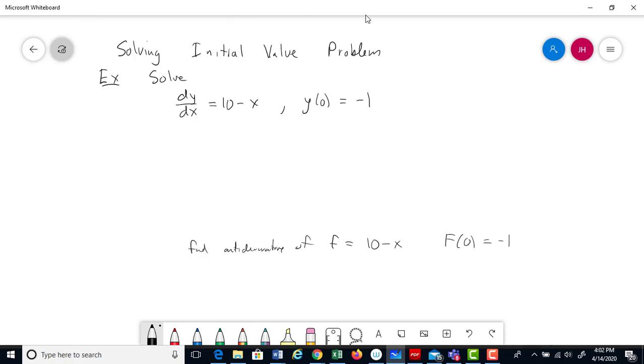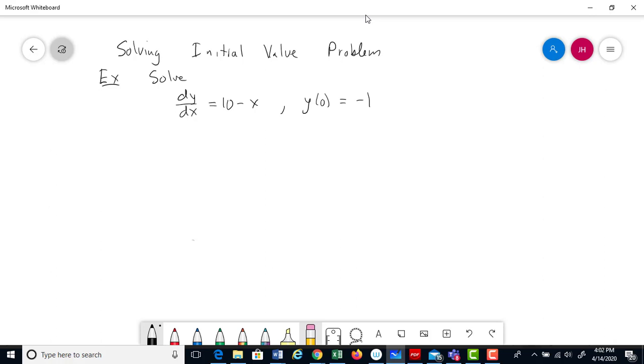Now this is essentially the exact same problem. I'm asking you to find the antiderivative of this such that that antiderivative goes through 0, negative 1. So we did a problem just like that, just to tell you that it's no different.